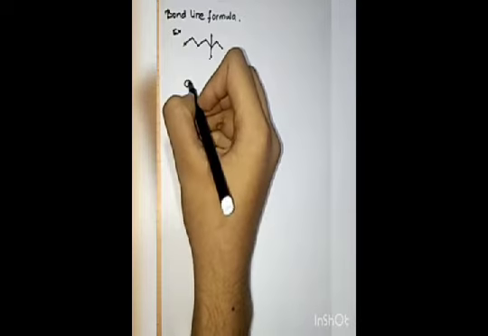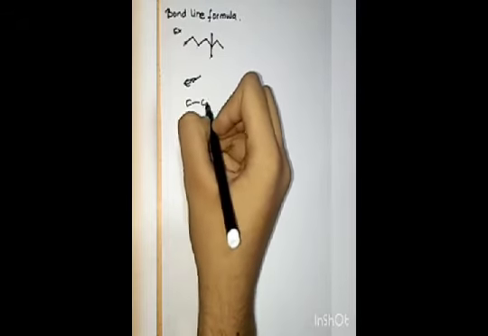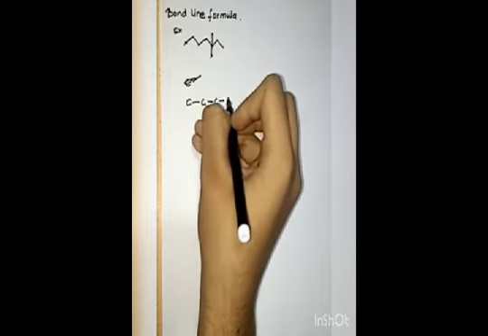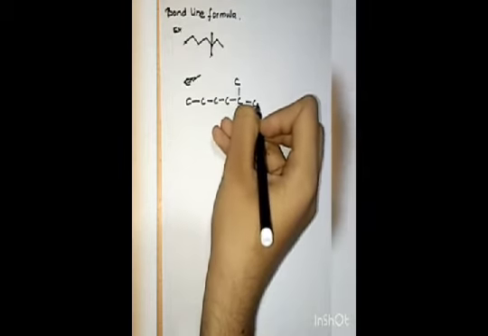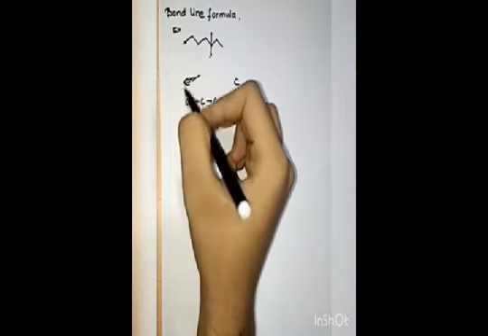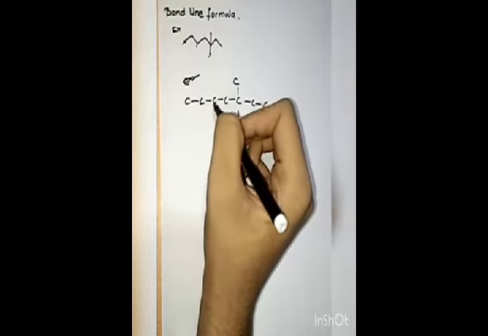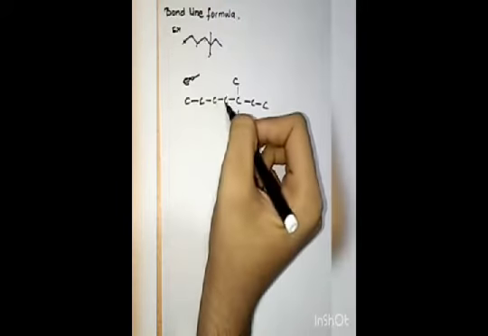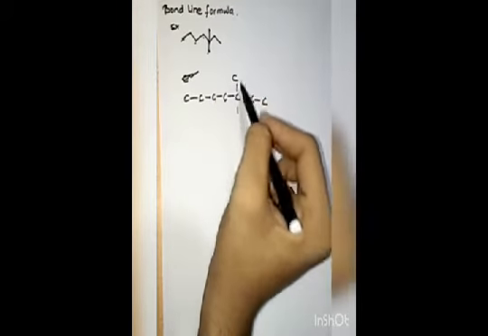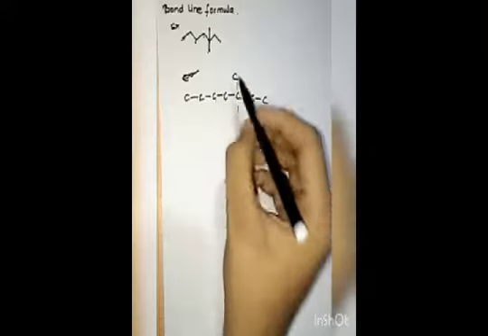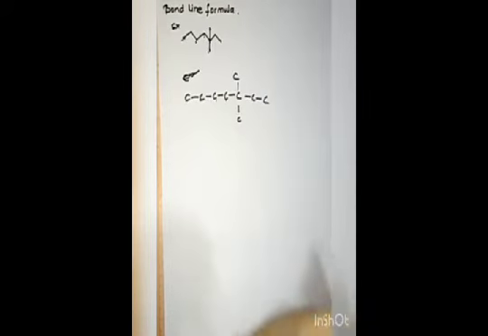So if I represent it in a normal form, this will be 1, 2, 3, 4, 5, 6, 7, 8 and 9.